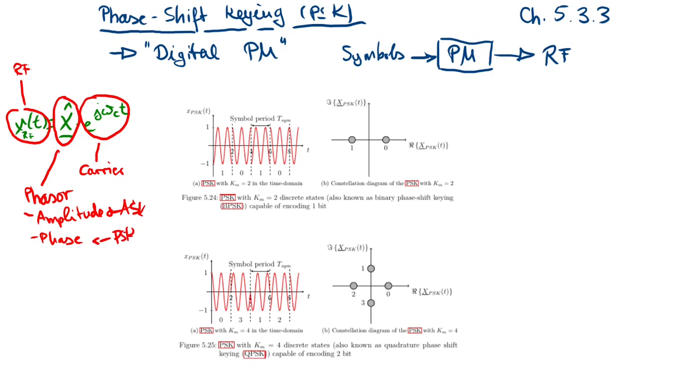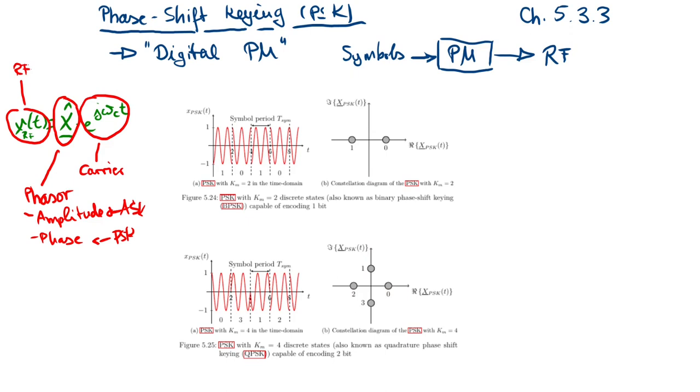So here in this diagram, the possible phasor states are depicted. So here in this phase shift keying, there are 2 discrete states, and here there are 4 states.